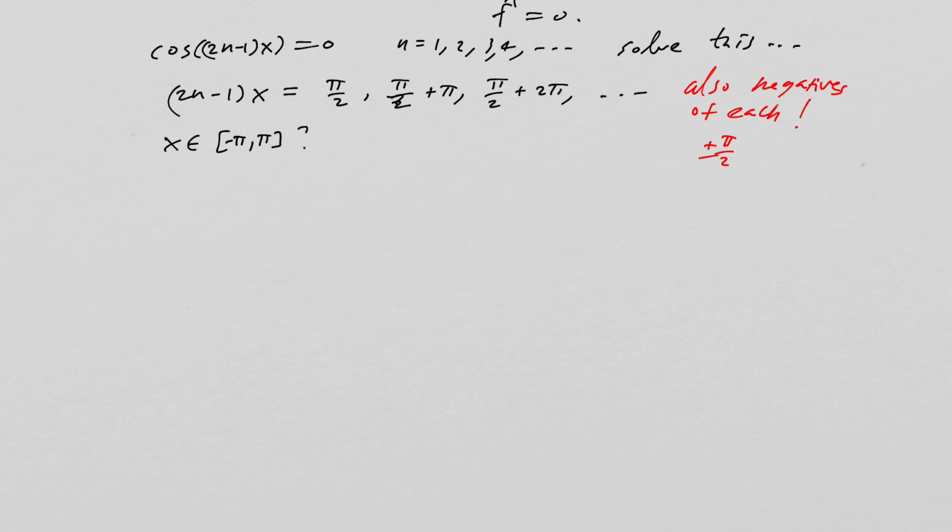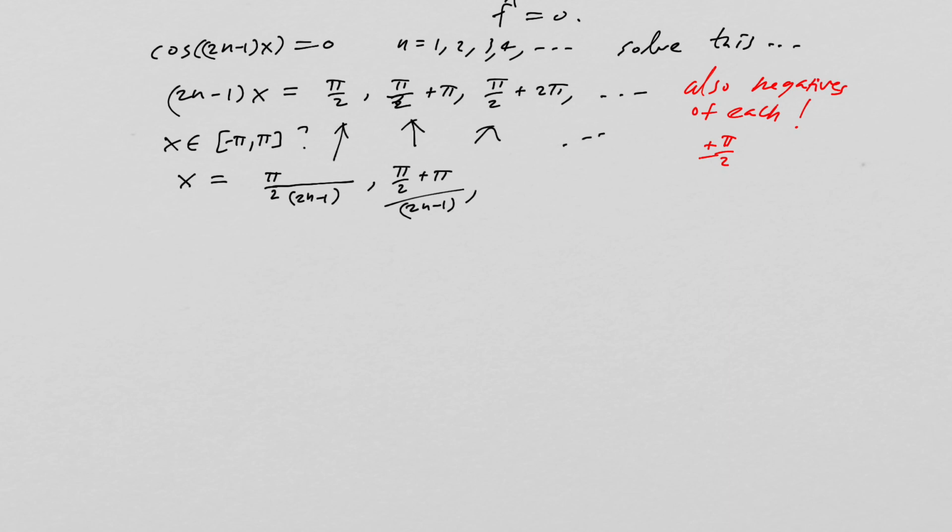So what we have to do then is look at x as pi over 2 divided by 2n minus 1, and then pi over 2 plus pi all over 2n minus 1, and so on for all of our terms, this one, and that one, and so on.